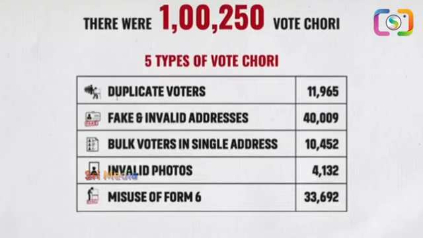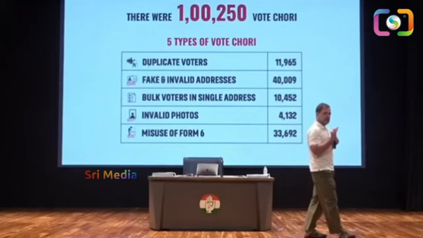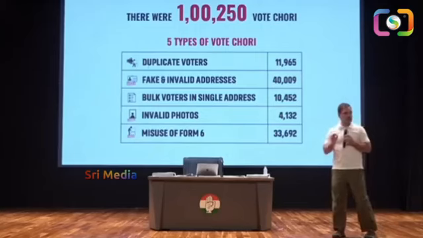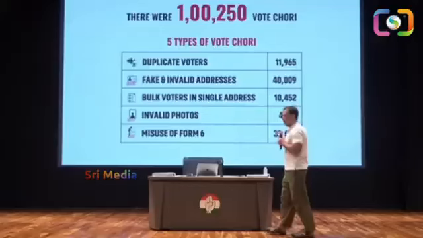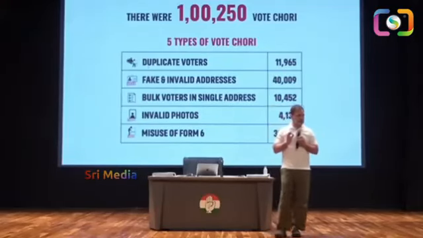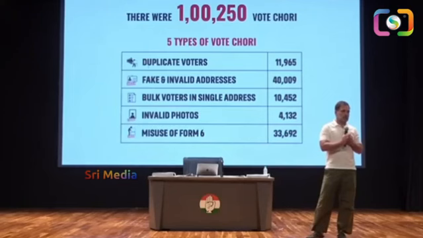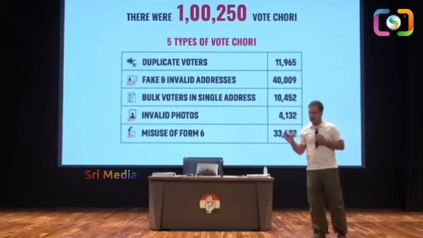So out of 6,50,000 total votes in the assembly of Mahadevapura, 1,250,000 votes were stolen. They were stolen in 5 different ways. The first way, duplicate voters. One voter appearing multiple times on the voter list.